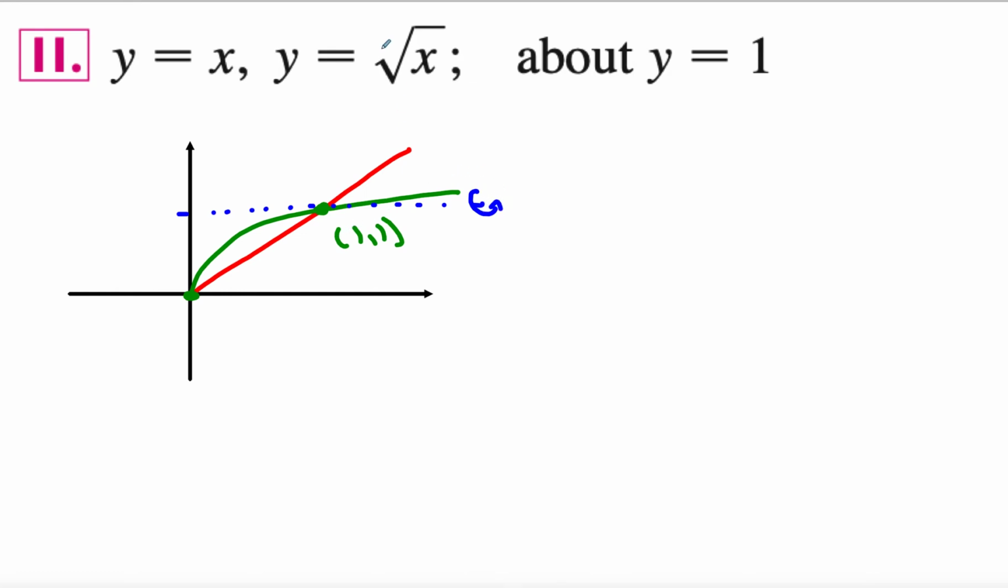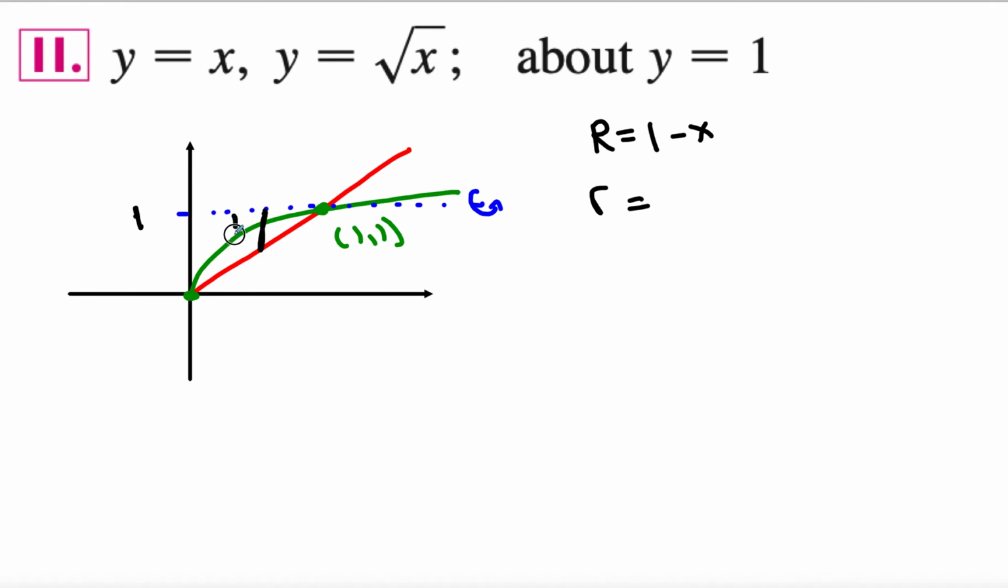And how would you be able to do it? The idea is still the same. I need to identify the bigger radius and the smaller radius. The bigger radius is this one, from y equals 1 all the way down to the red one. So big R, you can see that must be 1 minus x, because x is the red function. How about the smaller r?